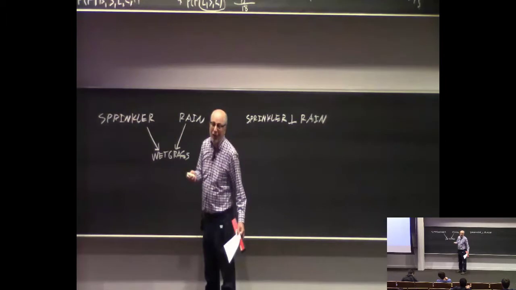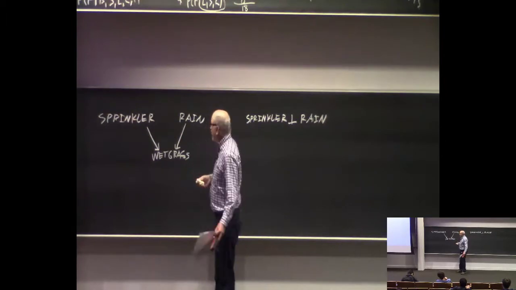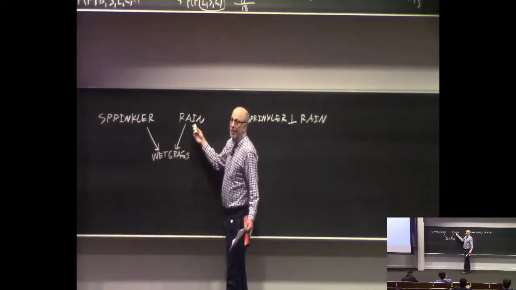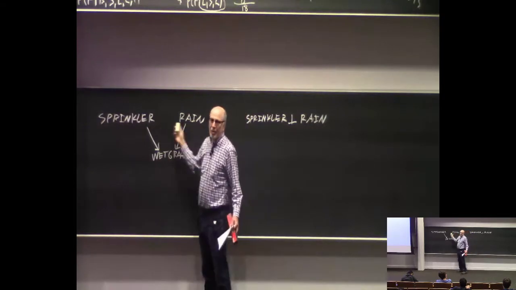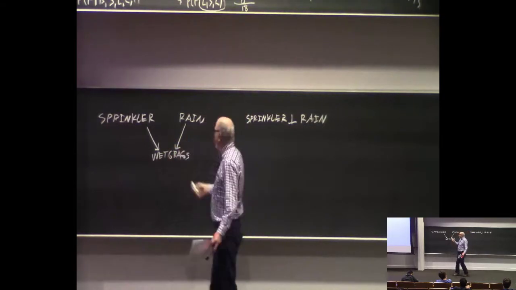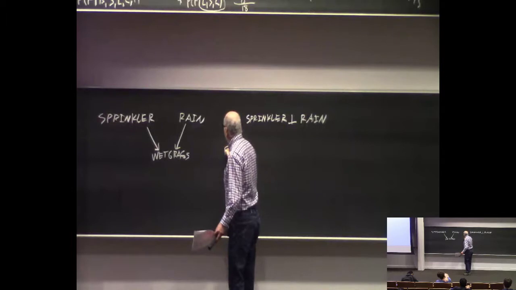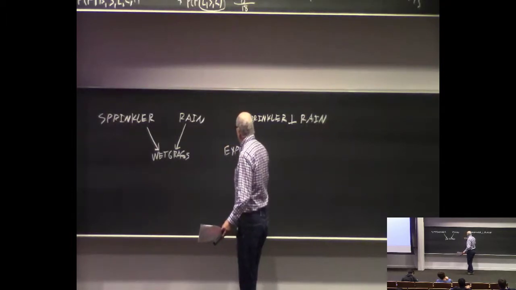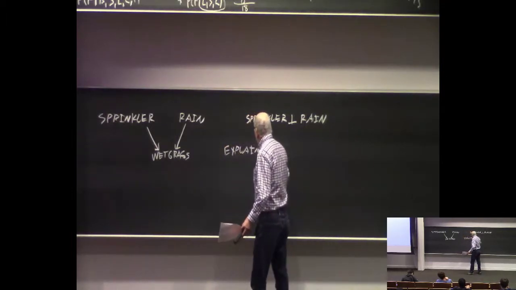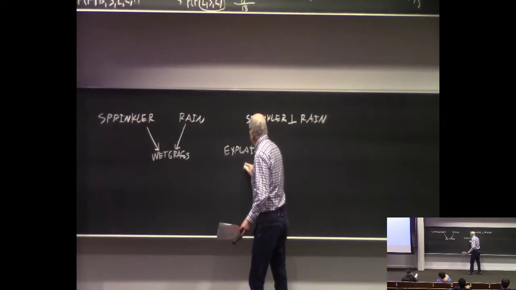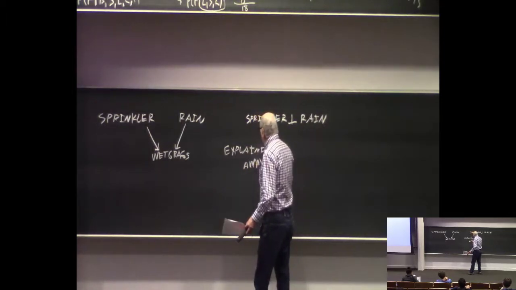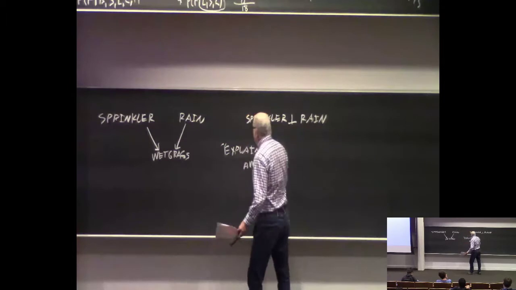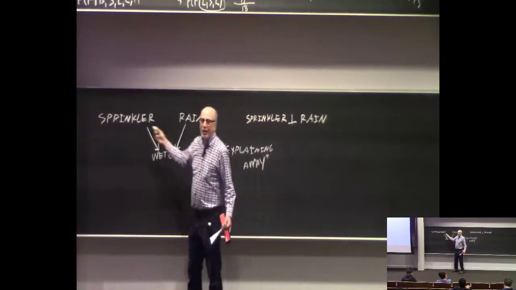Maybe both, but that's very unlikely, right? You find out that one happened, you say, okay, that's probably the reason. I don't need another one. This phenomenon is called explaining away. What it means is, seeing that there's a rain explained away the need for the sprinkler.